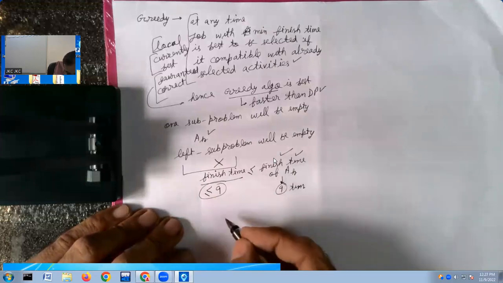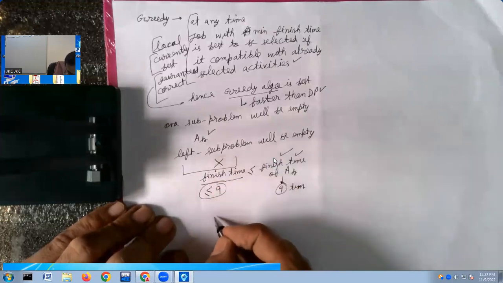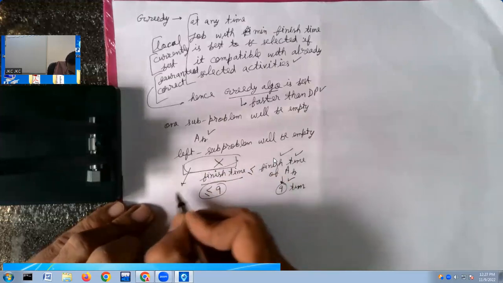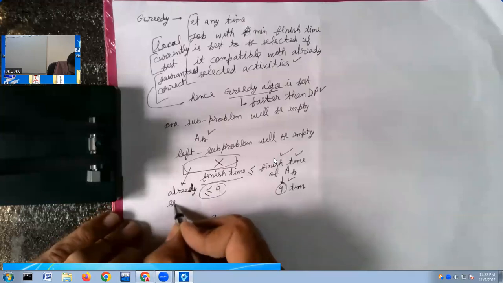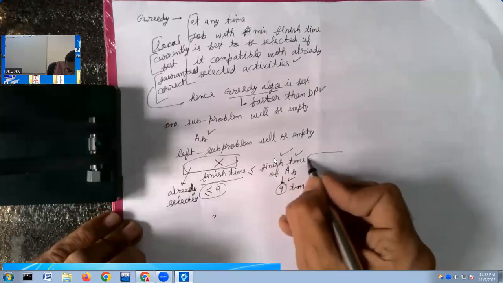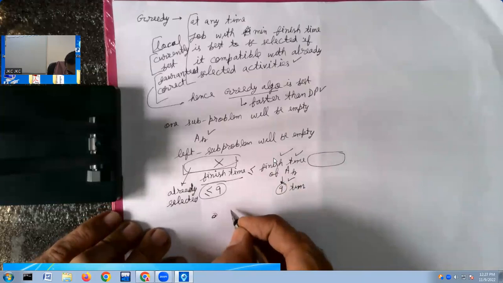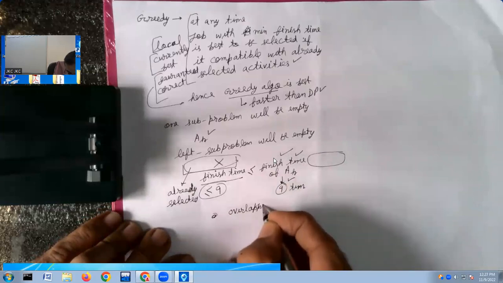So I will say initially I have already sorted these jobs. Let's say I selected some job which is finishing at this time. Out of this, whichever were compatible are already selected. The compatibles have been already selected, and now I have to look only in the remaining jobs. One sub-problem is empty, so obviously the overlapping problem is over, there are no overlapping sub-solutions because there is only one sub-problem.